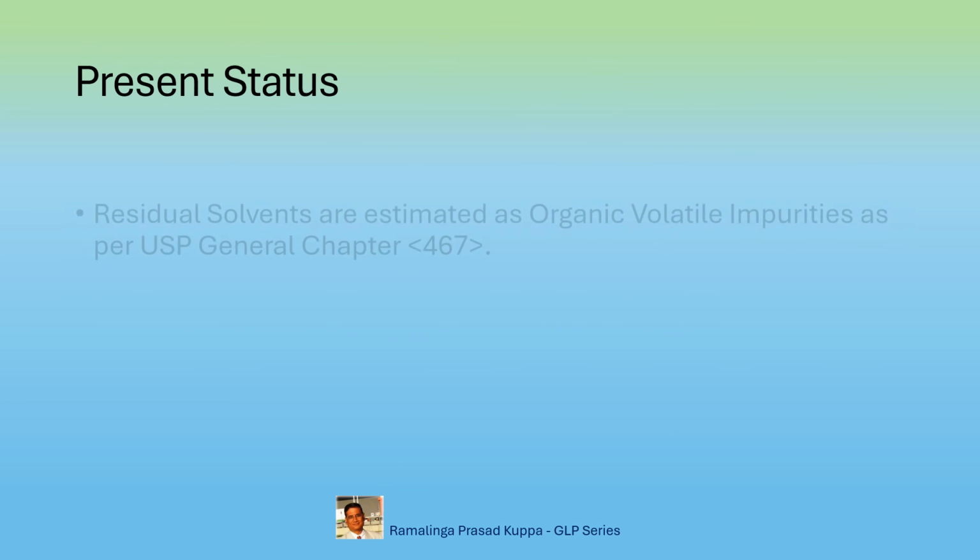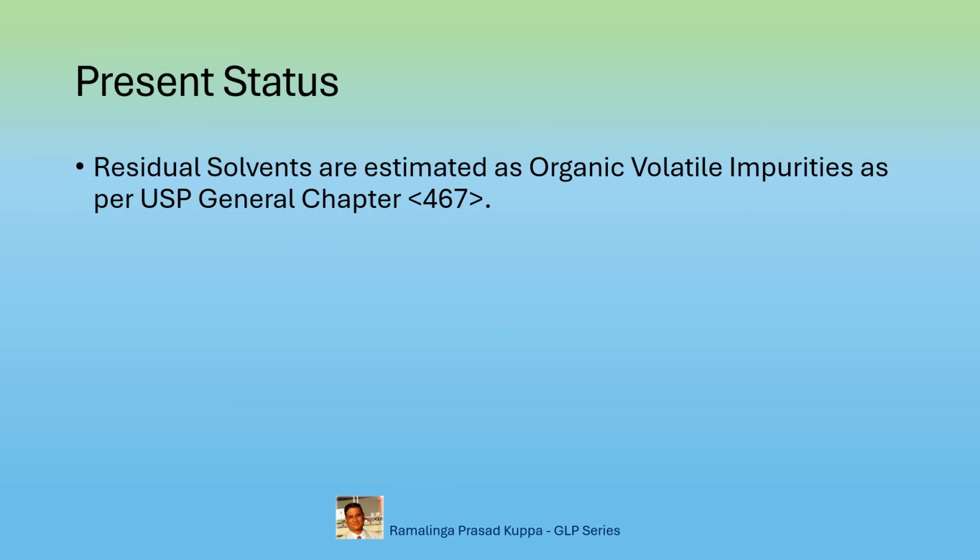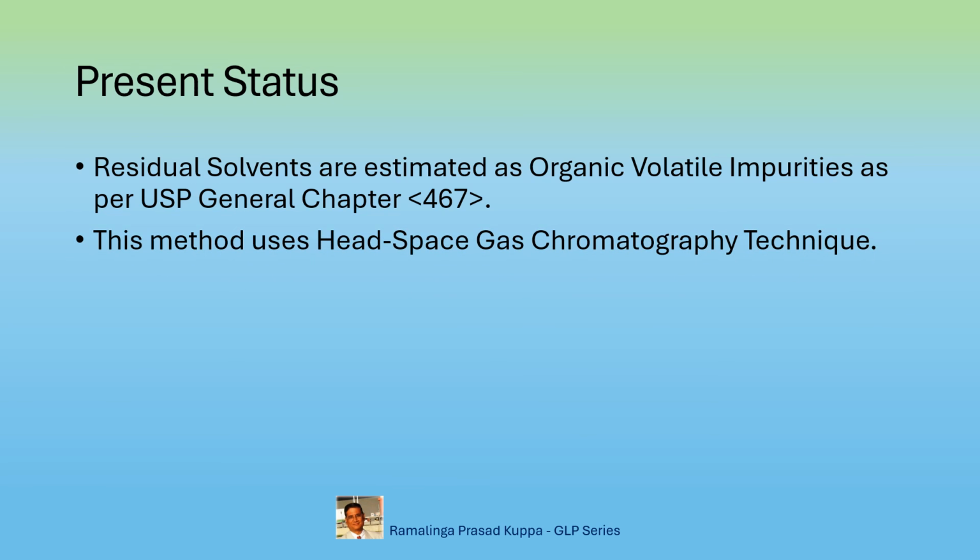Present status. Residual solvents are estimated as organic volatile impurities as per USP General Chapter 467. This chapter 467 is a validated and established test method existing now for many of class 1 and class 2 solvents. This method uses headspace gas chromatography technique.